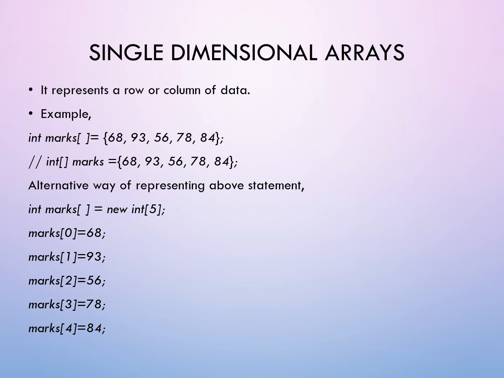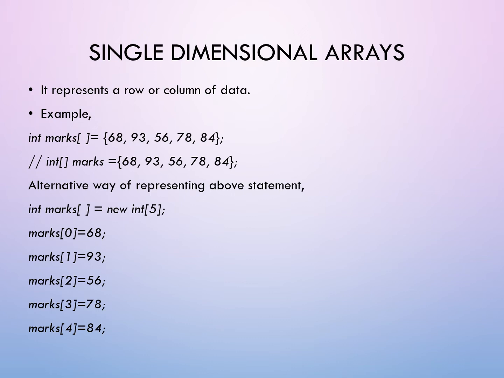So int marks and then a pair of square brackets equals to value of all of the 5 subject marks, or we can represent it as int and then a pair of square brackets and then marks equals to value of all of the 5 subject marks.